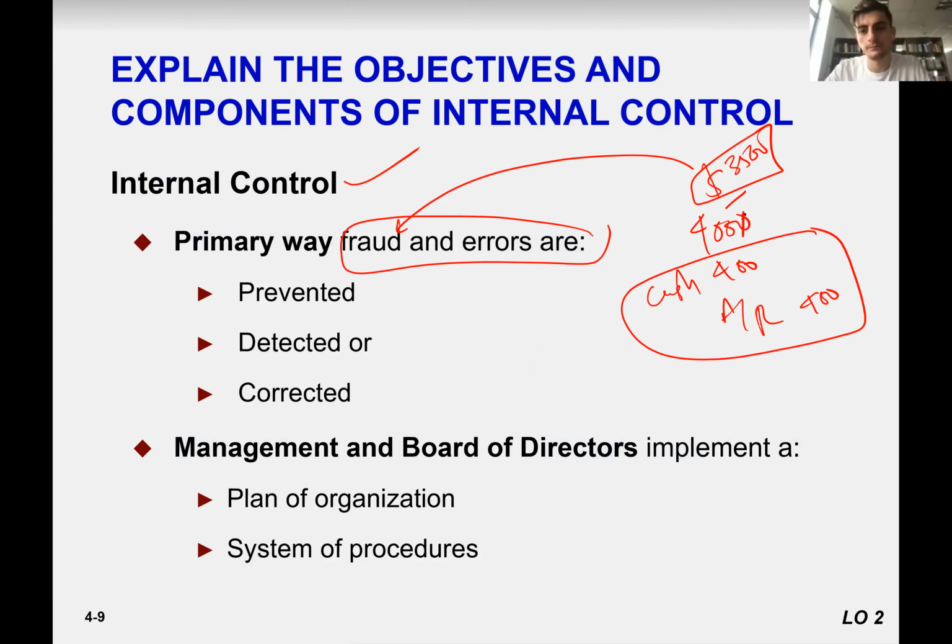But if you deposit all 4,000 to the bank account, and the mistake is that you wrote down 400, then the balance of accounts receivable still shows 3,600. And then you make a reverse entry to fix the human error.